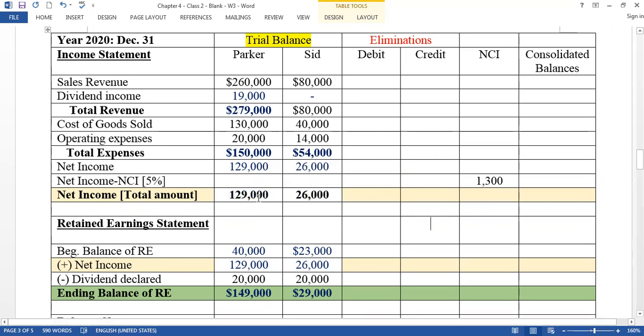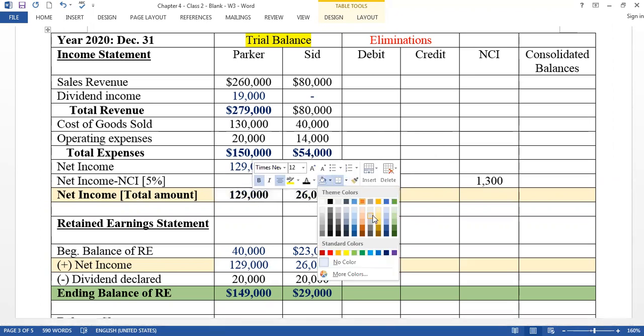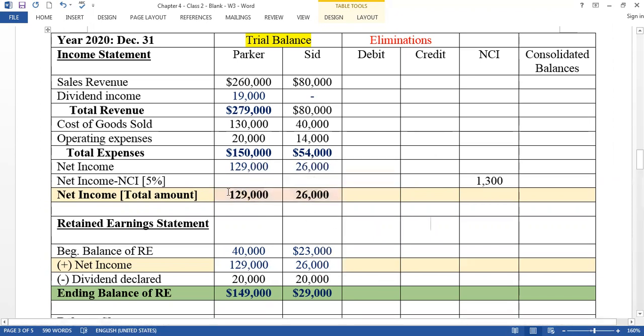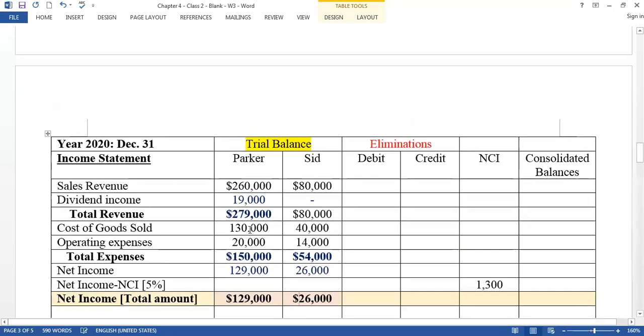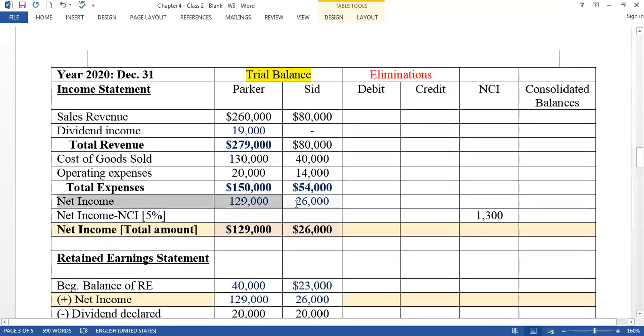Do you understand? So don't be confused. First, we calculate net income. Try to understand. First, we calculate net income, parent company and subsidiary company.